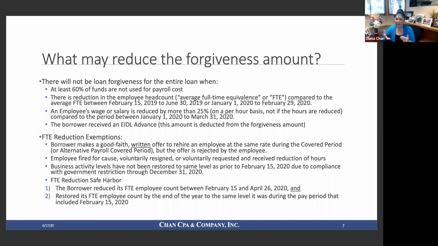So essentially, an example could be a situation where you might be a restaurant, and prior to February 15th of 2020, you had over 40 employees employed. And now, starting when you received the covered period of the loan, you received your monies, you were not able to even open your business except for takeout. So you certainly did not need all of those employees. So that employee headcount is going to go down.